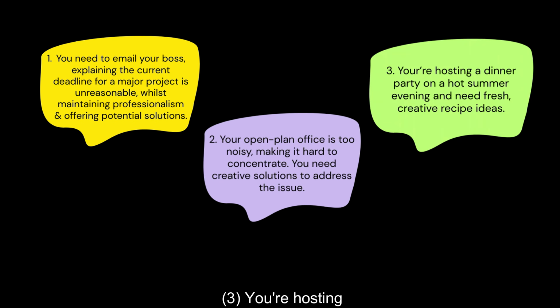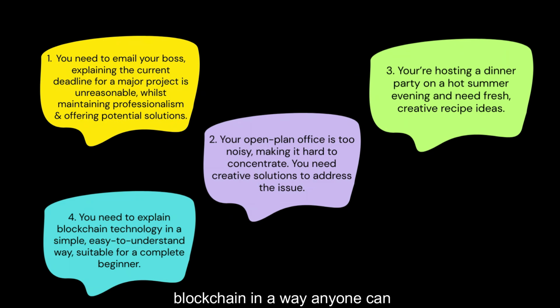You're hosting a dinner party on a hot summer's evening and need fresh creative recipe ideas. The fourth scenario is explaining blockchain in a way anyone can understand. So you need AI to explain blockchain technology in the simplest way possible, avoiding technical jargon.